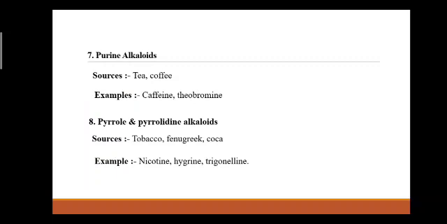Examples: caffeine and theobromine. Next class 8, pyrrole and pyrrolidine alkaloids. Sources: tobacco, fenugreek, coca. Example: nicotine, hygrine, trigonelline.